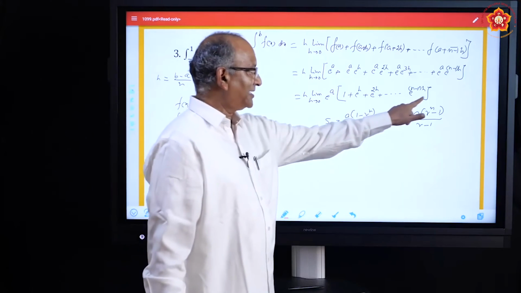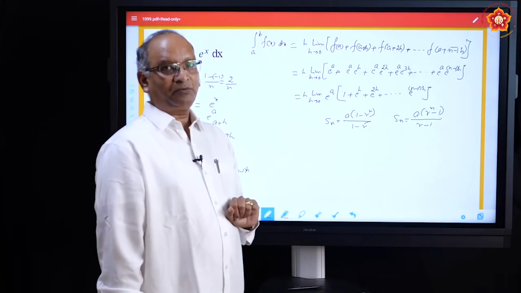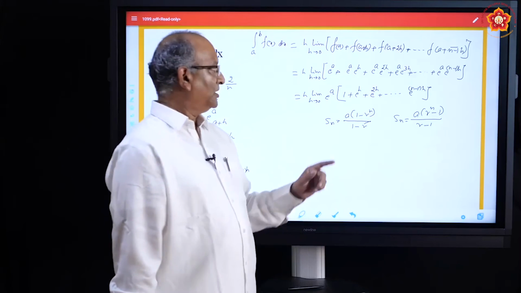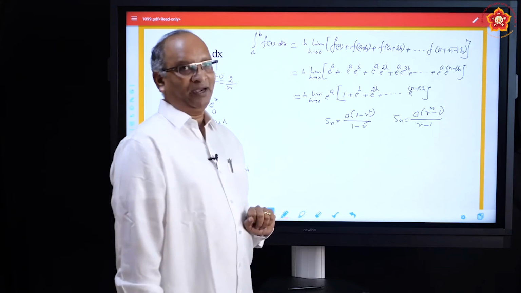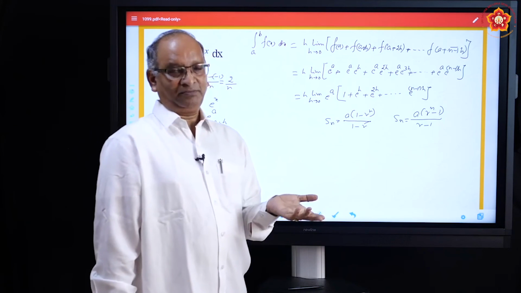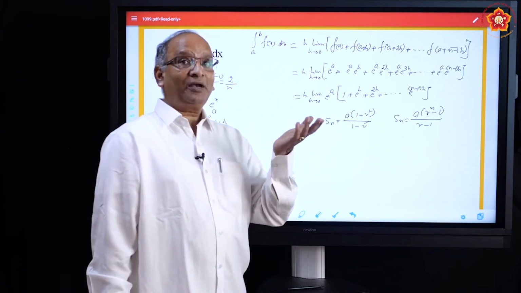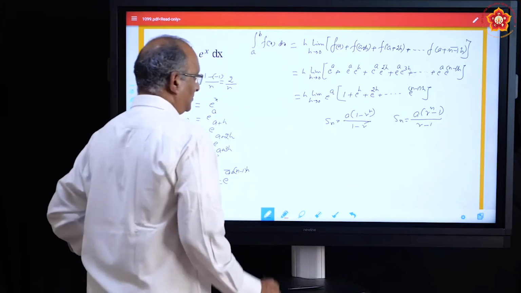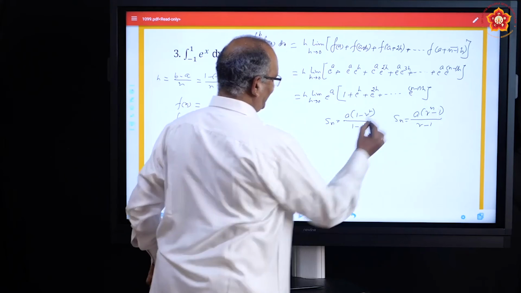If this is a geometric series, what is the common ratio? How do you find the common ratio? A term divided by the previous term. So e to the power h divided by 1 is e to the power h. And we know e to the power x value is more than 1. So we use the second formula to find the sum.